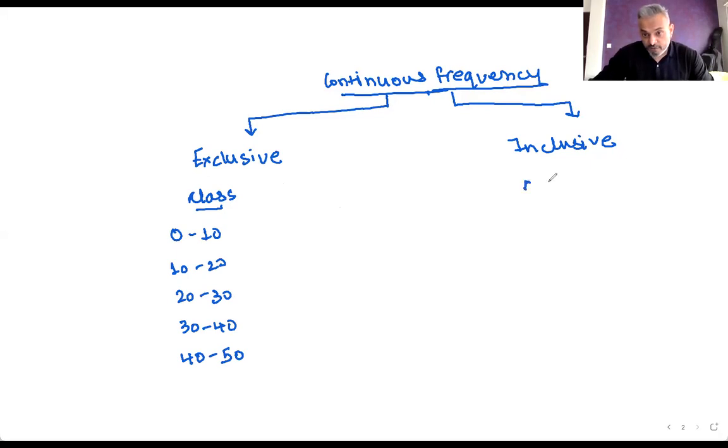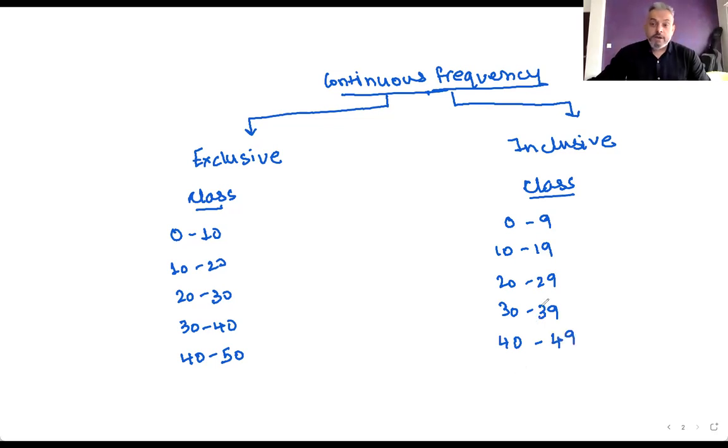If it is inclusive, classes will be 0 to 9, 10 to 19, 20 to 29, 30 to 39, 40 to 49. Now, what is the difference between both of them? Pay attention please. Over here, you have 0 to 10. Here again you have 10 to 20.